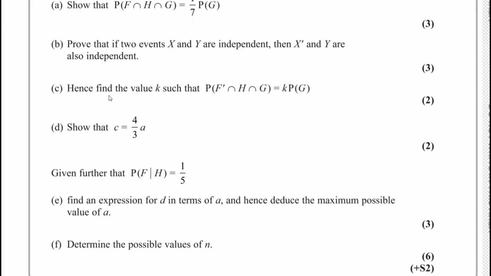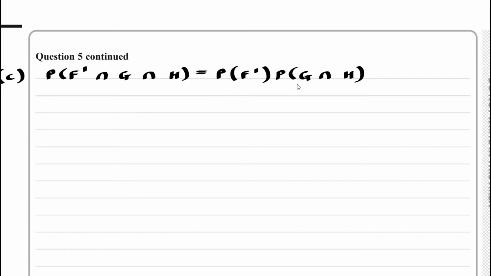Part C. Hence find the value of k such that the probability of f dash and h and g is equal to k multiplied by the probability of g. Well, the probability of f dash and g and h is equal to the probability of f dash multiplied by the probability of g and h.